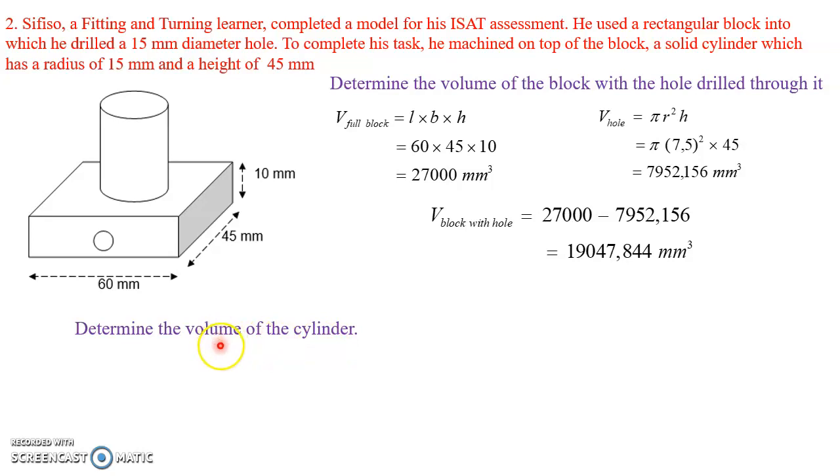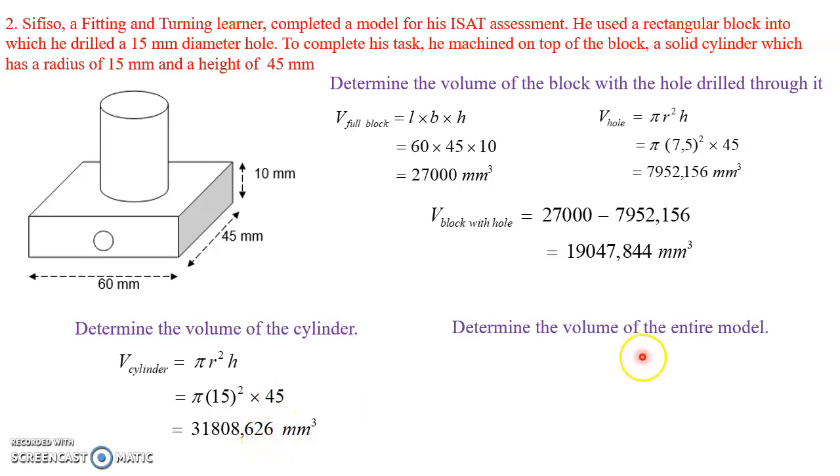Question number 2. Determine the volume of the cylinder, meaning determine the volume of the cylinder on the top. This is a cylinder. I need to know the radius and the height. Volume of the cylinder is pi r squared h. I know the radius, I know the height. I end up with the volume of the cylinder. And the last question says, determine the volume of the entire model, meaning determine the volume of this model.